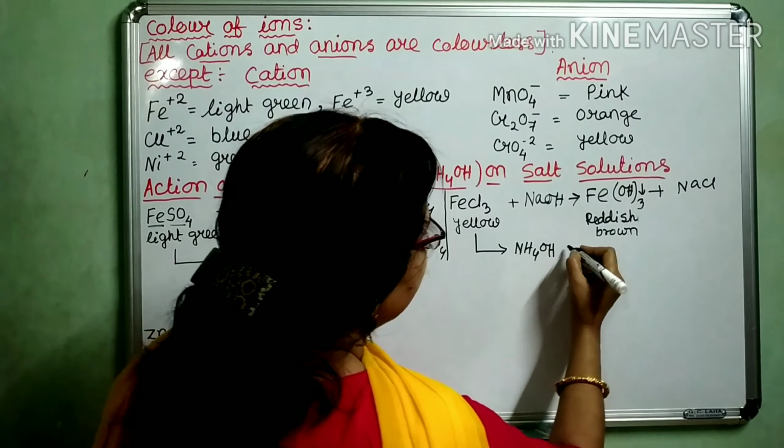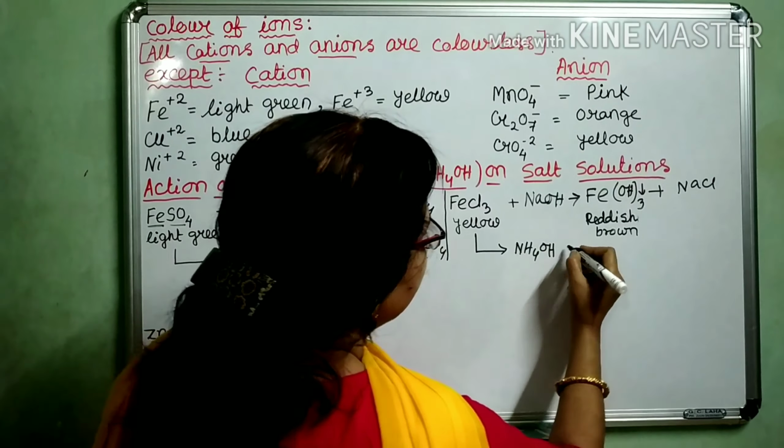When excess NaOH and excess NH4OH are added to FeCl3, again an insoluble precipitate is formed. Now, in case of zinc sulfate, what happens when it reacts with NaOH?